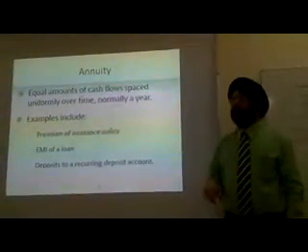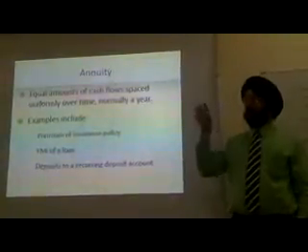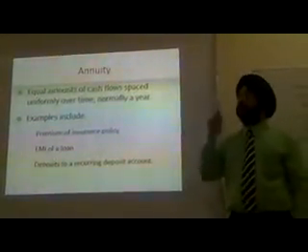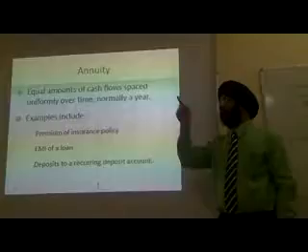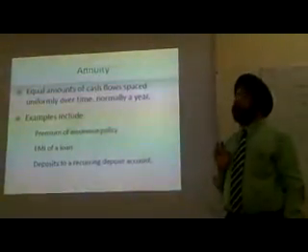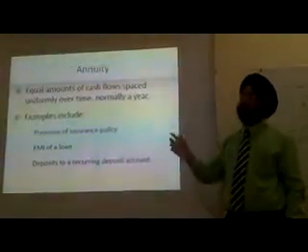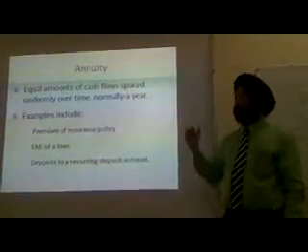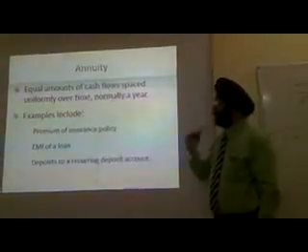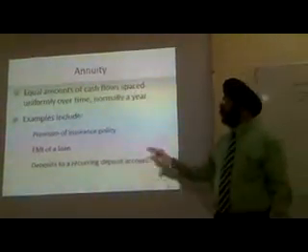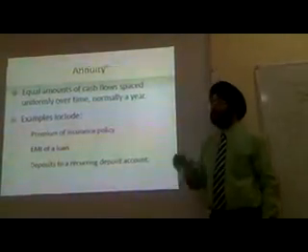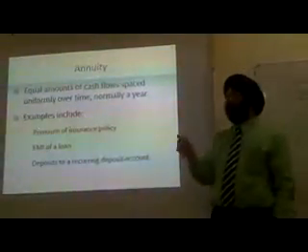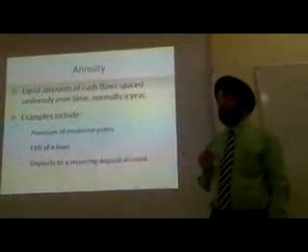Or I can do this: after a certain period at a certain rate of interest, how much shall I invest now so that I get a certain amount after the completion of the period? That can also be done. So how much equal amount should I invest, or what will be the EMI of my loan? Even a person can adjust the loan amount on the basis of the EMI.